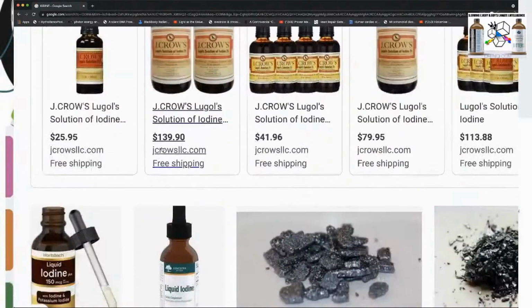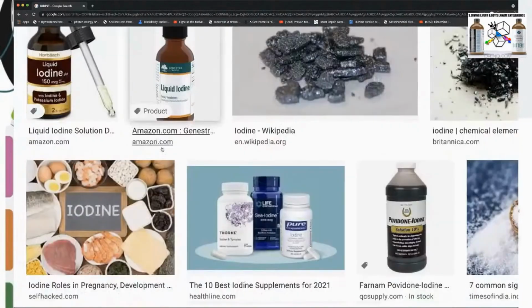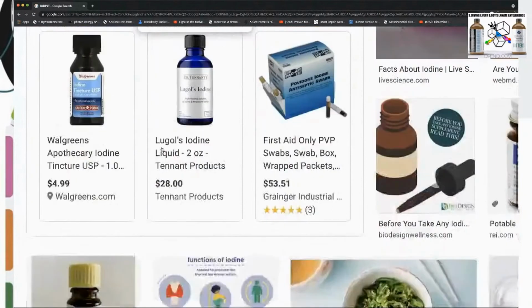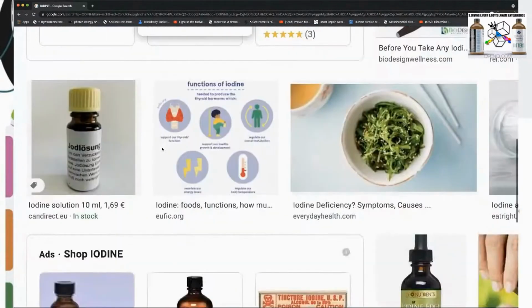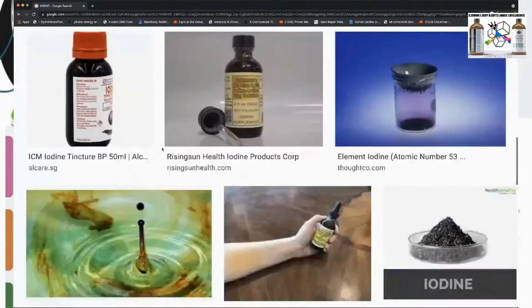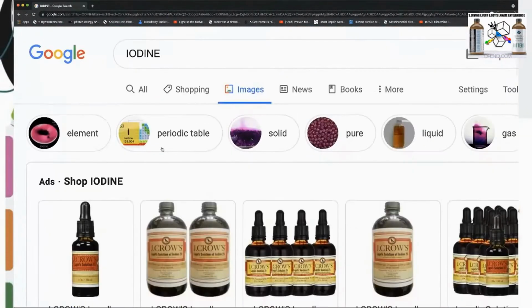Because that's what this is. This is kelp and bladderwrack extract, people. So when you look at all this iodine, this is kelp and bladderwrack extract. Okay? Kelp and bladderwrack extract.